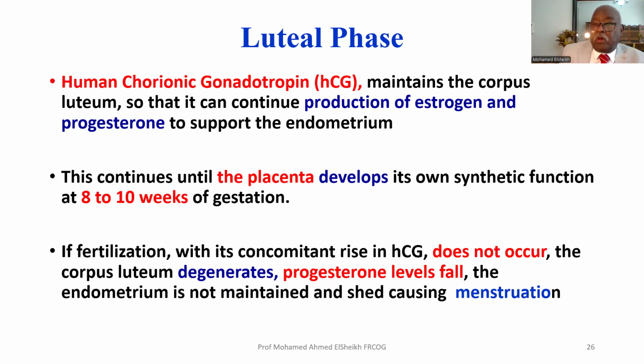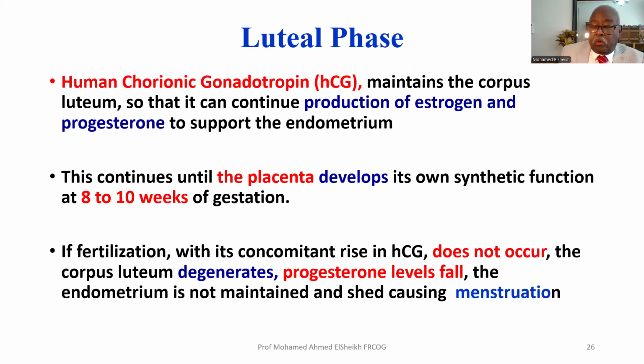So if you see on ultrasound a cyst in early pregnancy, beware that cyst could be the corpus luteum, which has an important function during the first 8 to 10 weeks. If fertilization, with its concomitant rise in HCG, does not occur, the corpus luteum degenerates.